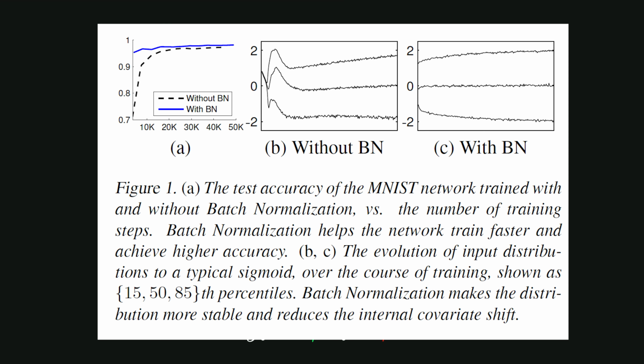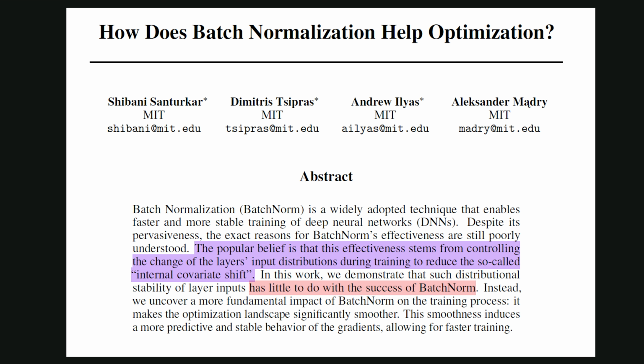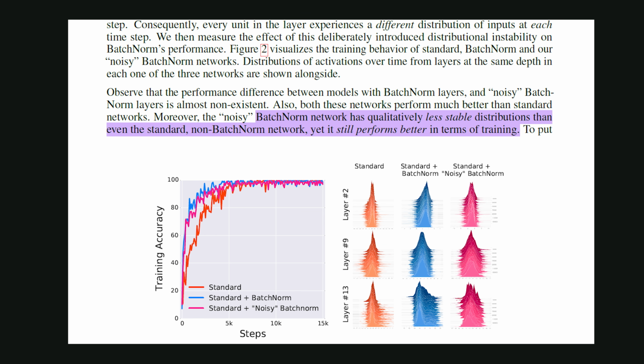But later research showed that this is not the main reason why batch norm works. In the later research paper called How Does Batch Normalization Help Optimization? it was found that batch norm does not actually stabilize the distributions across layers in a significant way. In fact, in many cases, the distribution stays the same. So this clearly shows that fixing internal covariate shift is not the real reason why batch norm works.